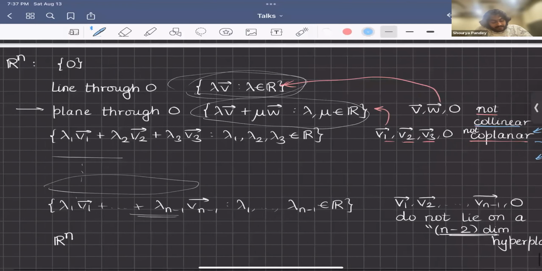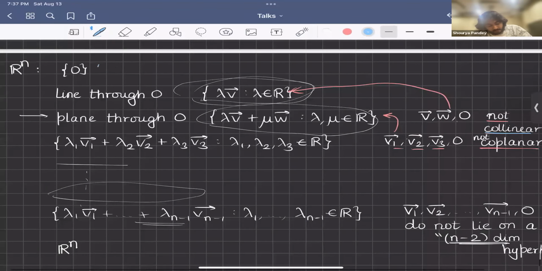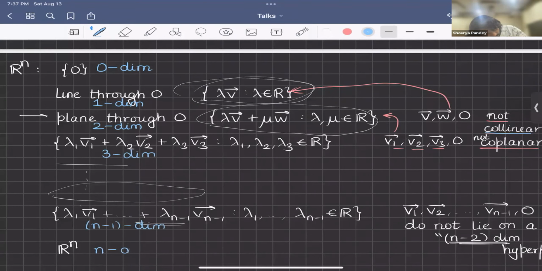And so these are called zero-dimensional vector spaces. This is one-dimensional, and I'll define dimension more formally later. This is two-dimensional, three-dimensional, etc., up to n minus one-dimensional and n-dimensional.